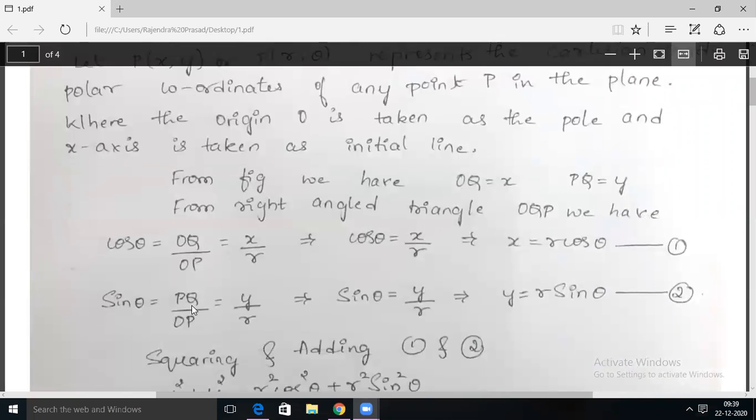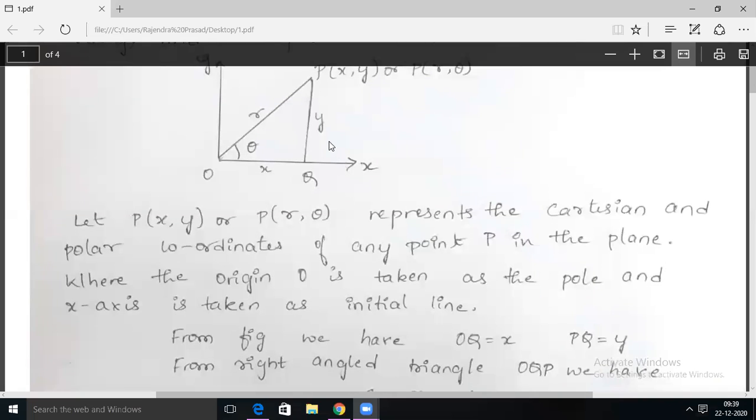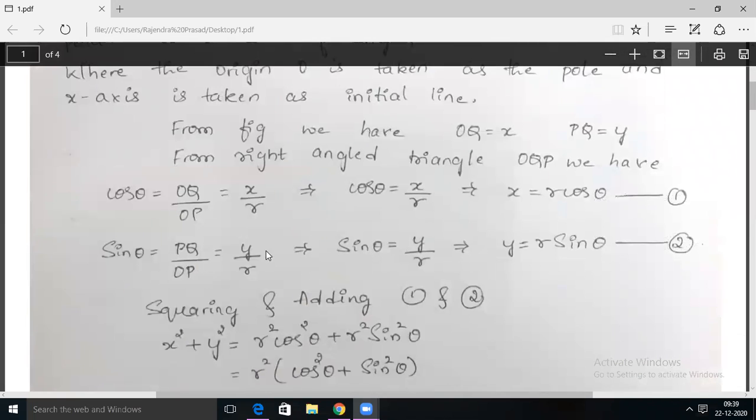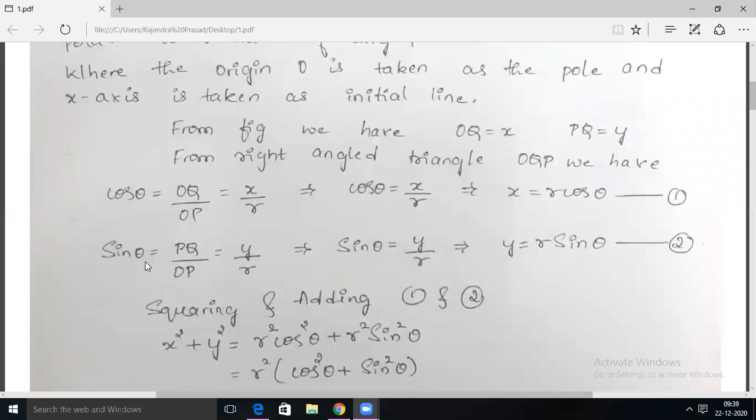So sin theta is equal to opposite upon hypotenuse. PQ is denoted by y and OP is denoted by r. So we finally get sin theta is equal to y by r, which implies y is equal to r sin theta.